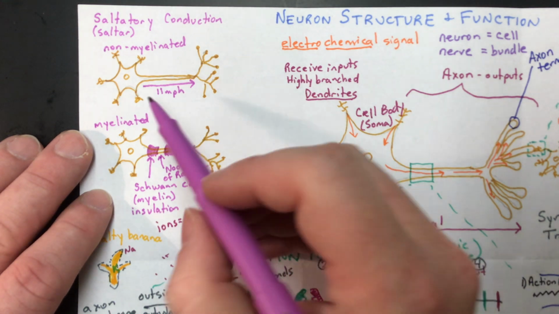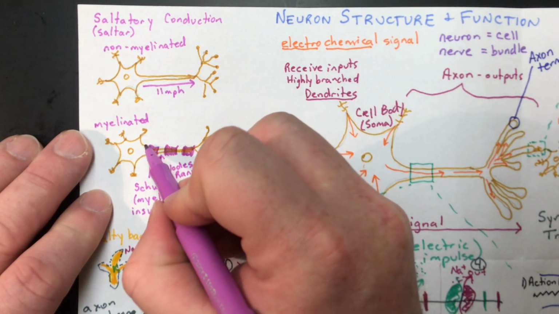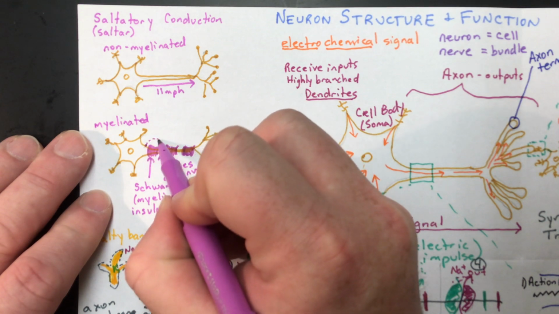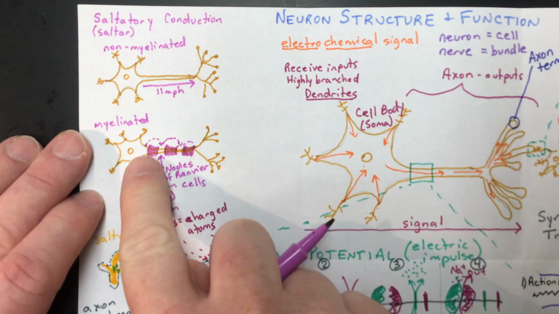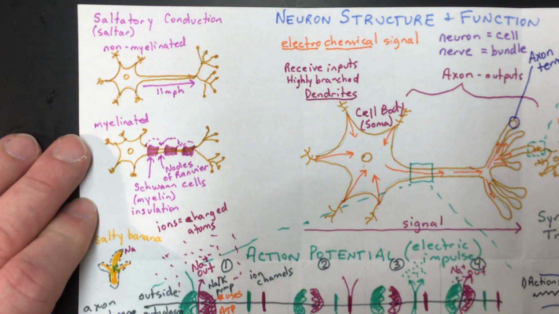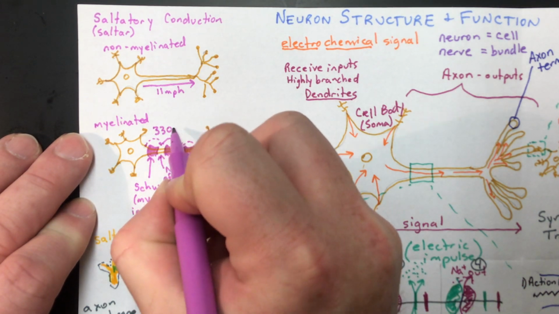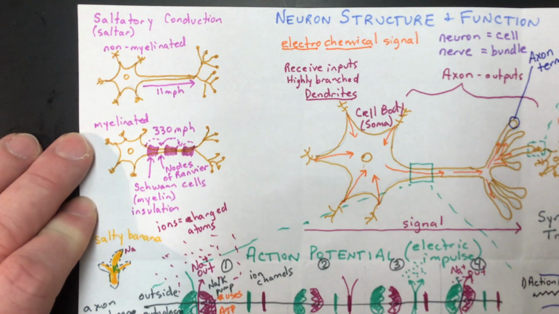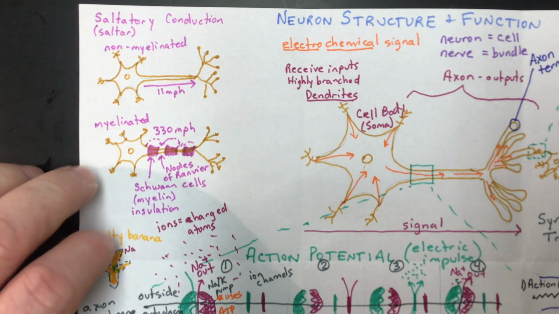And what happens is that instead of the signal having to pass through every bit of the axon, that signal jumps from one node to the next to the next. So the signal gets to skip a lot of that distance. And how this helps is that this signal ends up going about 330 miles per hour, about 30 times faster.